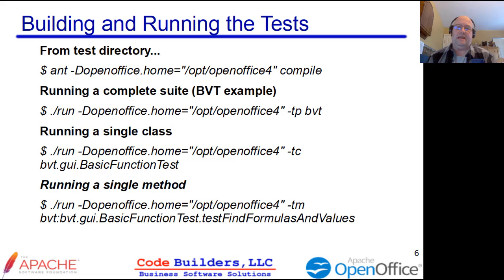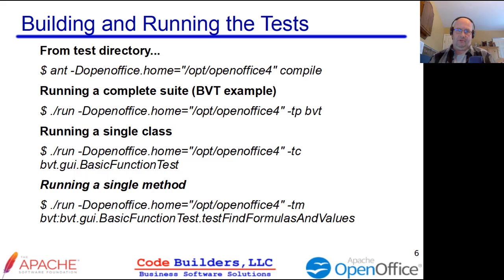The next is an example. You don't have to run a whole suite at once. If you want, you could just run a single class that can contain many test methods. And that's the example for that. So it's -TC for test class, and then you give it the package and the class name.